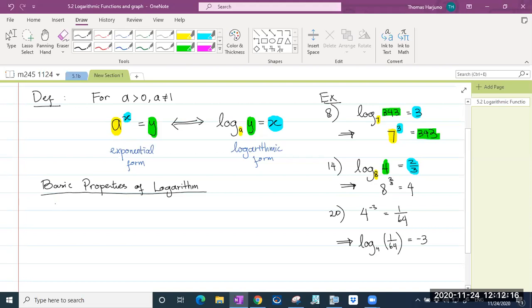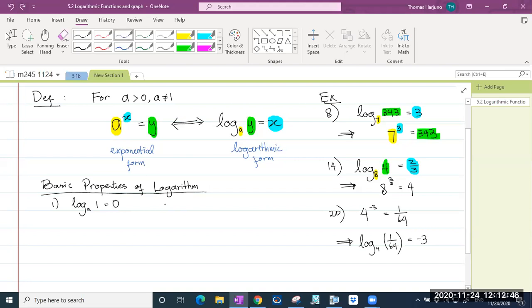For example, the first one, log base a of 1 equals 0. Why? So basically, I try to show you the proof. And hopefully from this proof, you see you can apply this to other types of computation.